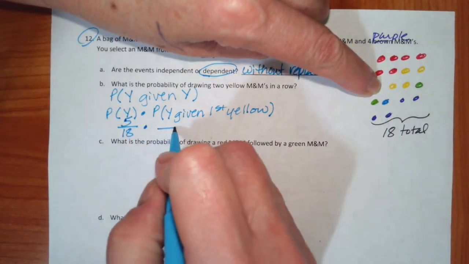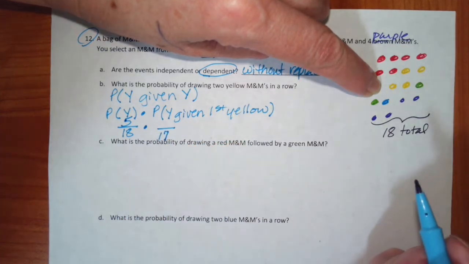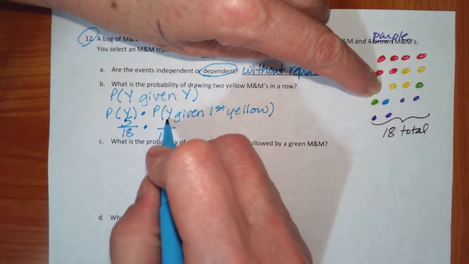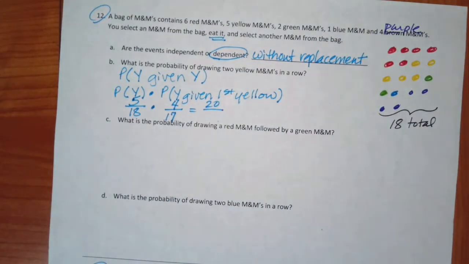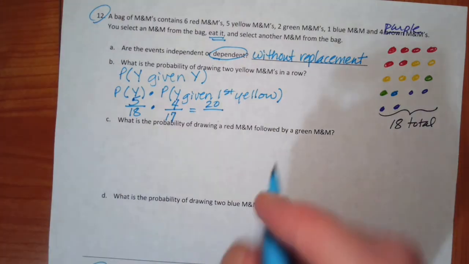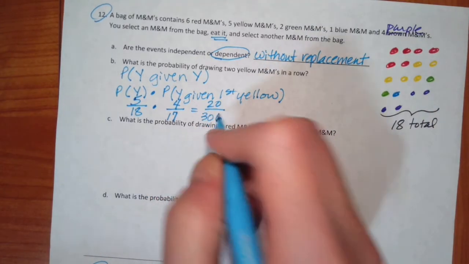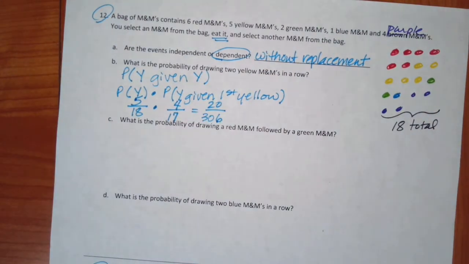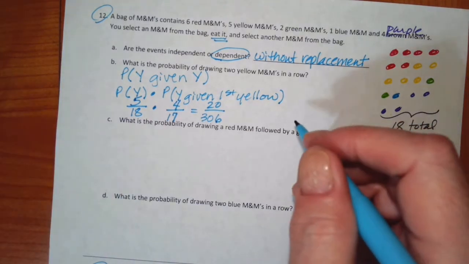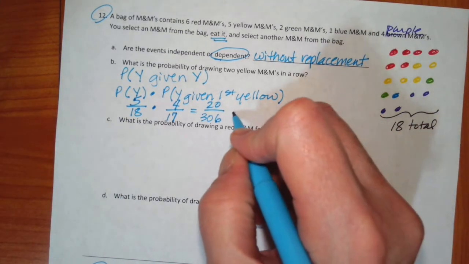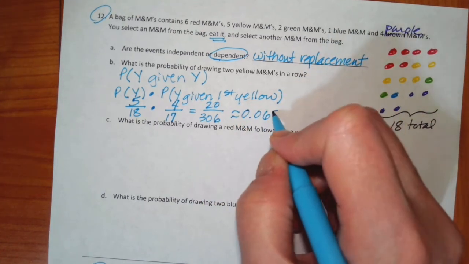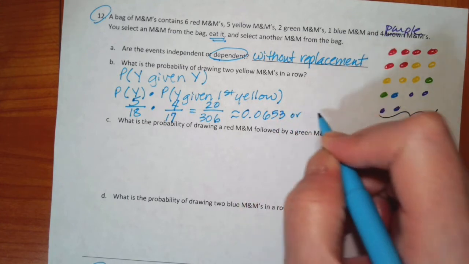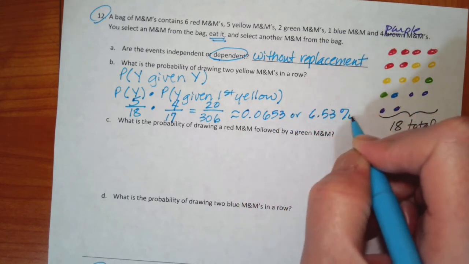So there are only 17 left in the bag, and there are only 4 yellows. So if I do my probability, this becomes 20 divided by 306, which becomes 0.0653 or 6.53%.